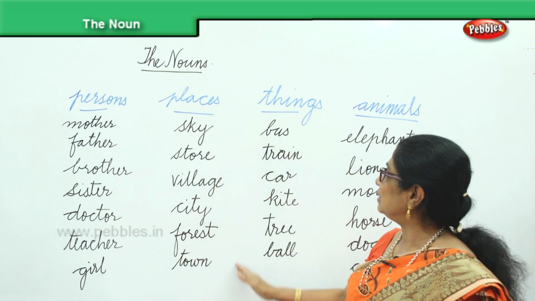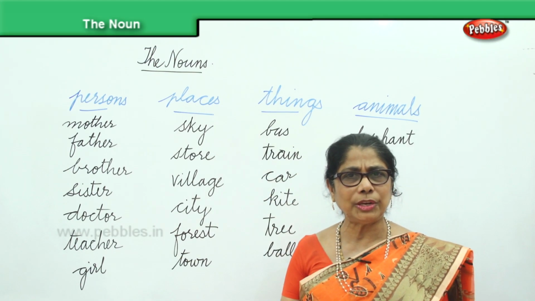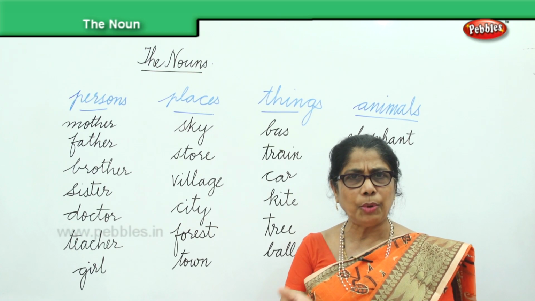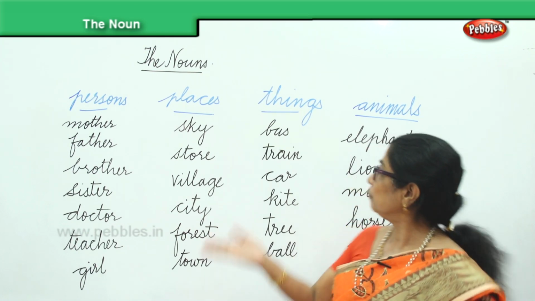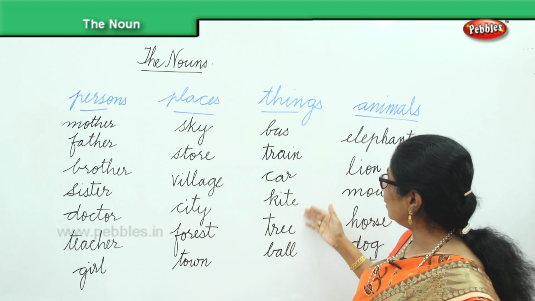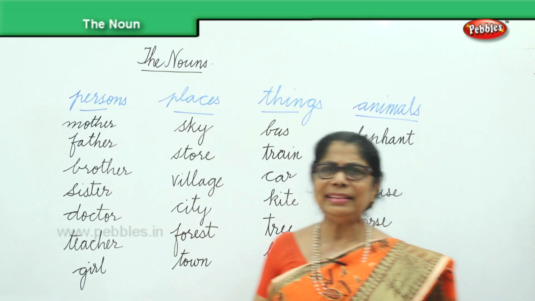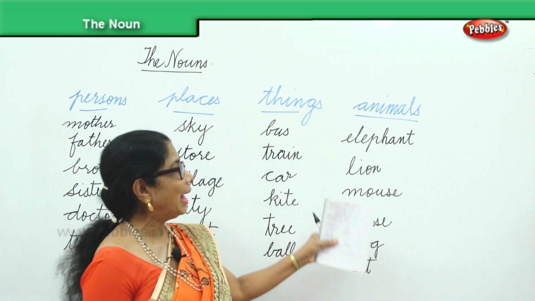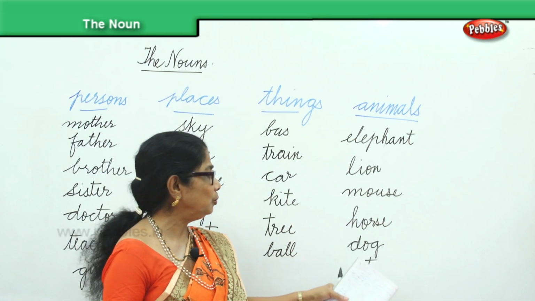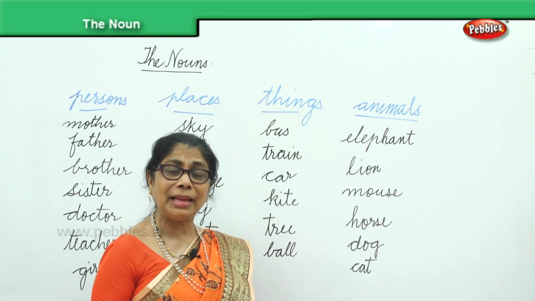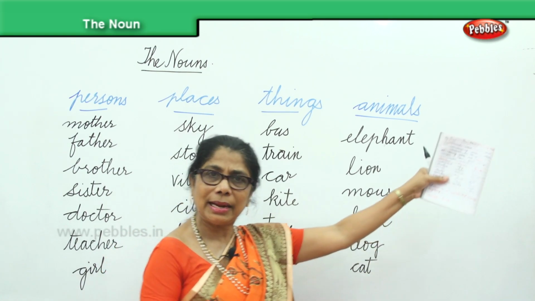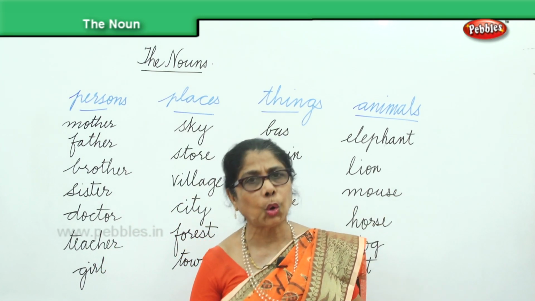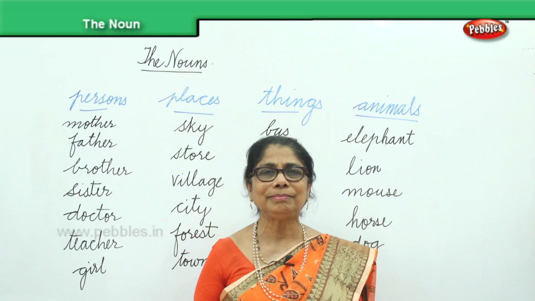Then you say things, anything in the place, a house that you can name. Now here I have book, pen, pencil, bus, train, car, kite, tree, anything. They are all things. Animals, all animals. Elephant, lion, mouse, horse, dog, anything. What about birds? Birds, another category. You'll write crow, pigeon, peacock.